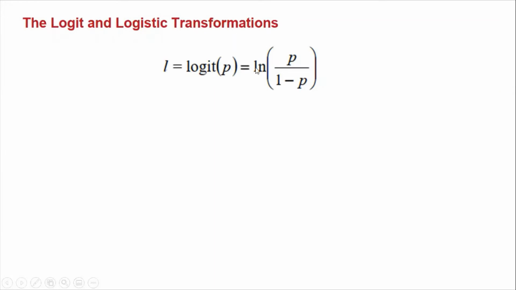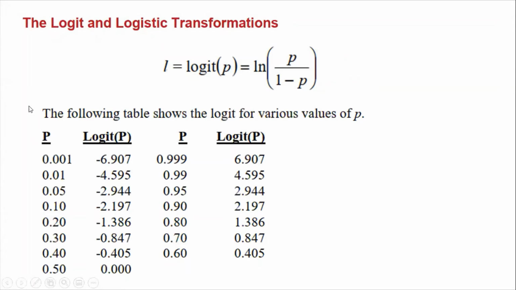After all, we get the log of probability divided by 1 minus probability. So why is that the case? If we look at this, our probability only goes from 0 to 1.